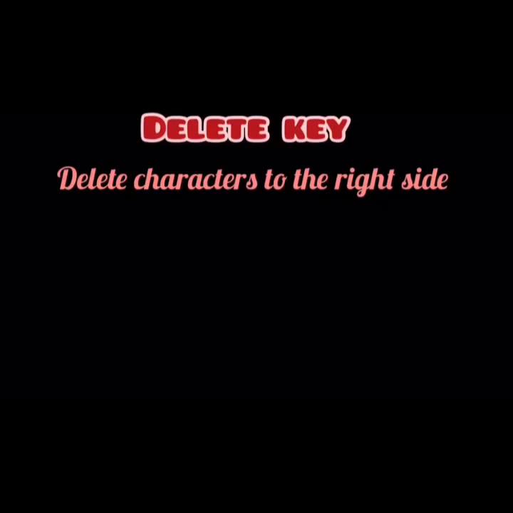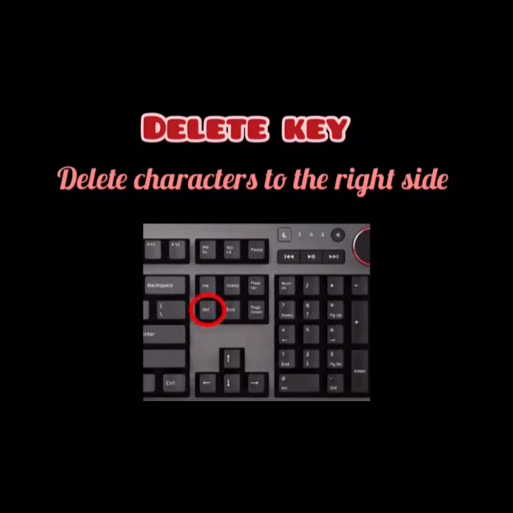Delete key. Delete key means it will delete the characters. Characters means letters, numbers or symbols, to the right side of the cursor. What is a cursor? When we type something, there will be a blinking line on the monitor, and that blinking line is called the cursor. So if any letters or numbers or symbols are on the right side, we will use delete key to delete it.